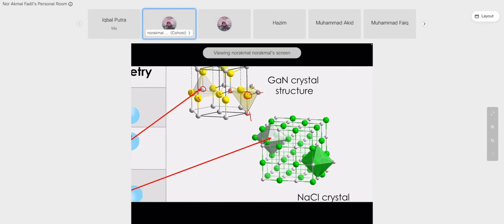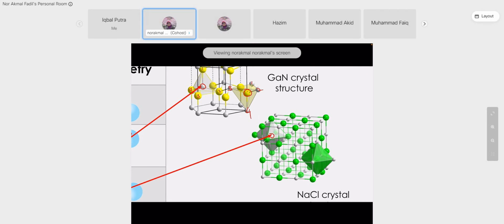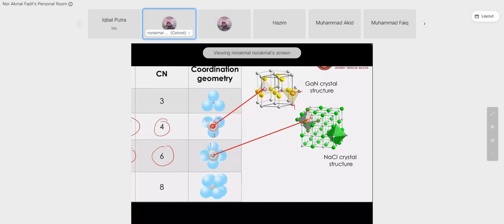So these tiny gray atoms are surrounded by 6 atoms of another element. 1, 2, 3, 4 around it, and 5 at the front, and 6 at the back. So we will have basically 6 coordination.